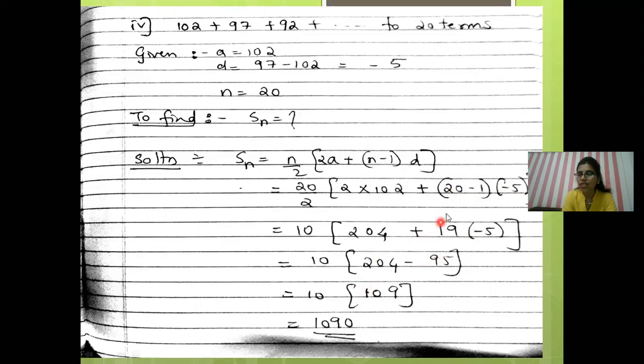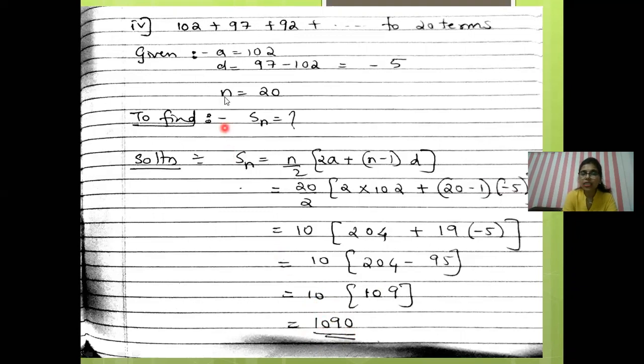As I told you, first bracket, then multiplication. After multiplication, now addition has become subtraction. So first you're going to subtract. The bracket is solved. You got 109. Now multiply. Because when you open the bracket, it is nothing but multiplication. So multiply by 10, you get 1090. So that's your answer for Sn.